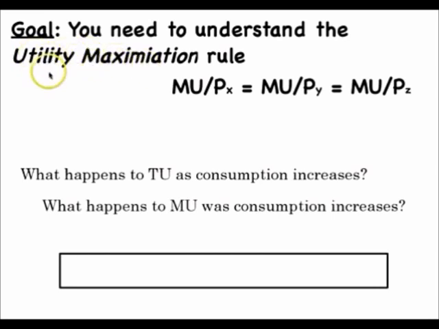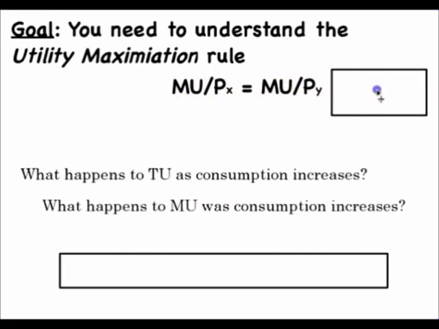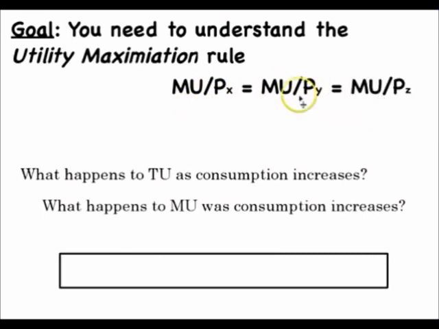And the formula that we need to know is MU over P of one product, X, needs to equal MU over P of Y, a second product. Now, the models we're going to be using only have 2 products. However, in reality, what we're trying to do is have our marginal utility over price of one product equal marginal utility over price of a second product, equal marginal utility over price of a third product, and so on for a fourth, fifth, sixth product.